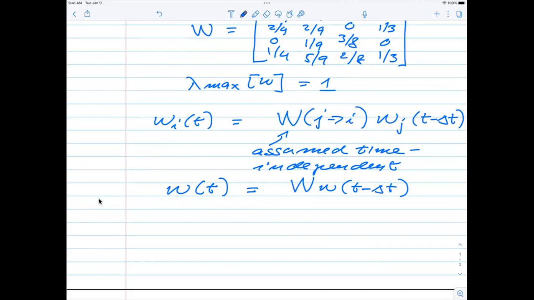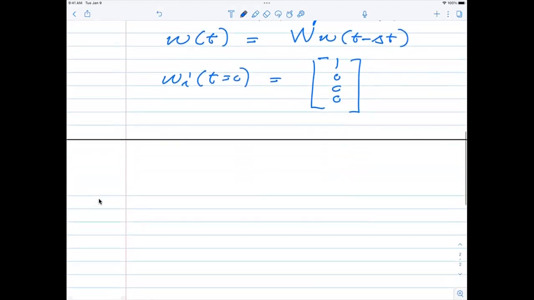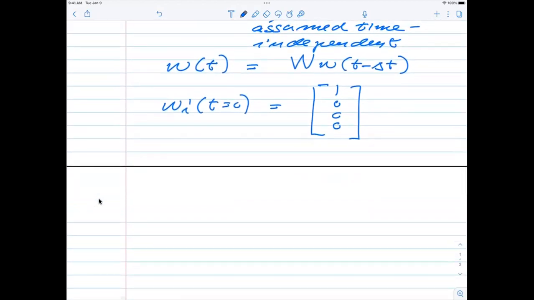And the example which we had in the slides from last week is if you take an initial vector, you could assume that this Wi at t equals 0, the state we start with, is given by 1, 0, 0, 0. This could just be an example. And then we can apply this matrix a given number of times. And if we perform this operation a large number of times, so in this case, it converges after 13 time steps, but we are just going to write infinity here.